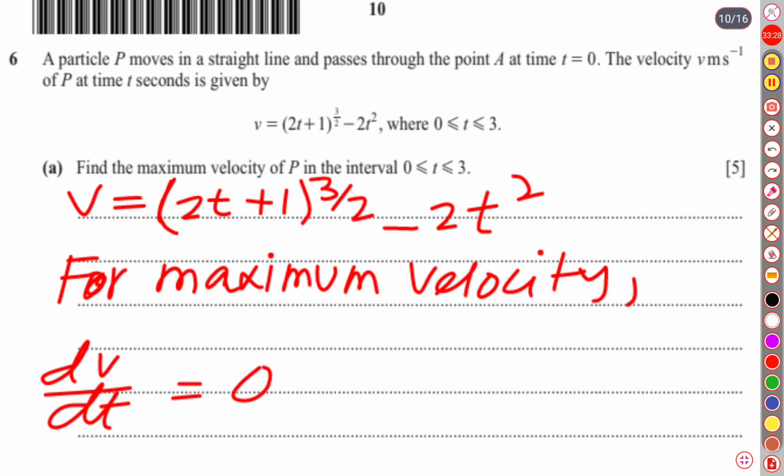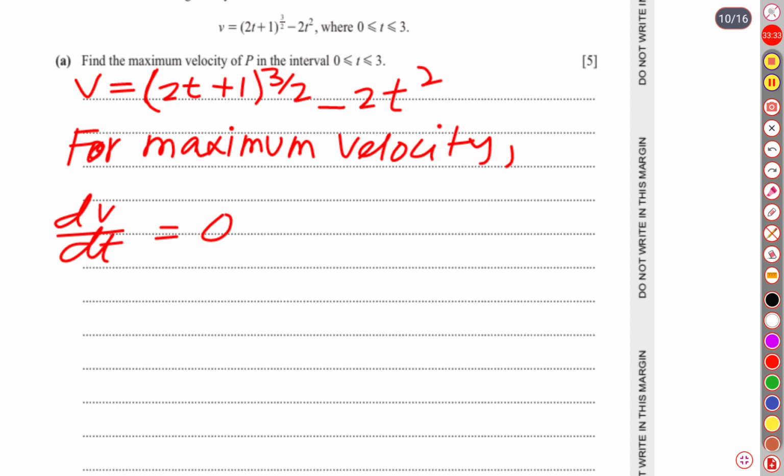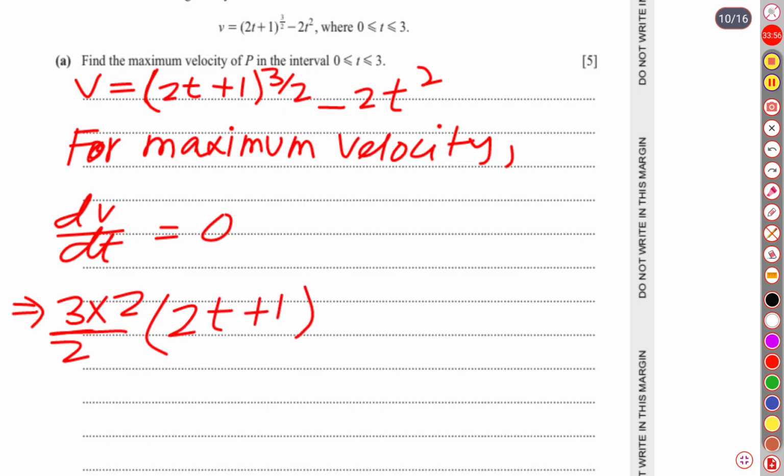If we differentiate this, it will be 3 over 2, and the internal function has 2 as derivative, so into 2. Then we differentiate the function as a whole, that is (2t plus 1) raised to half, since we subtract 1 from the given exponent, minus 4t.